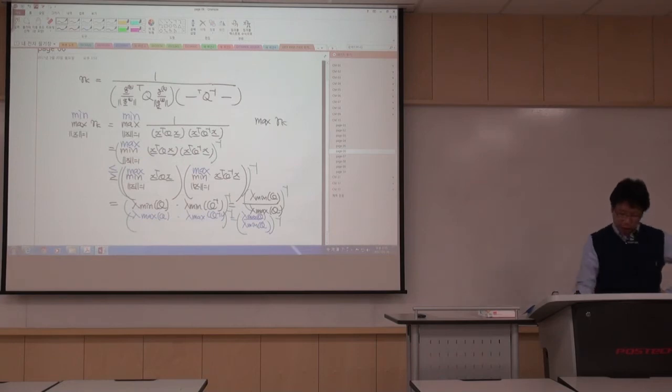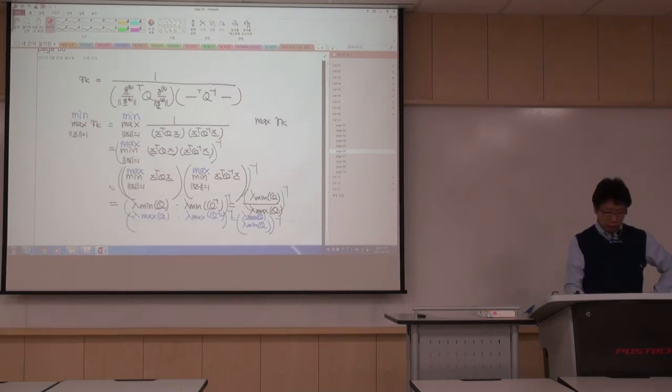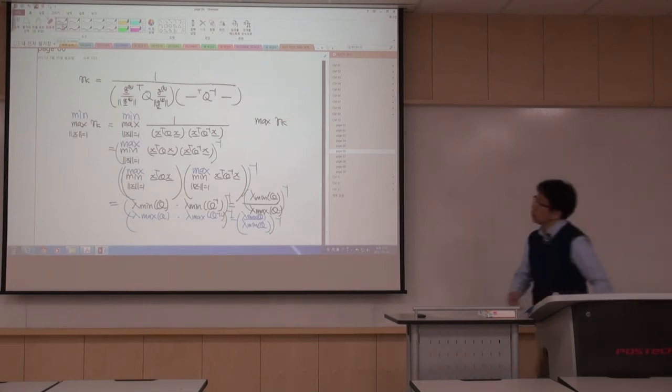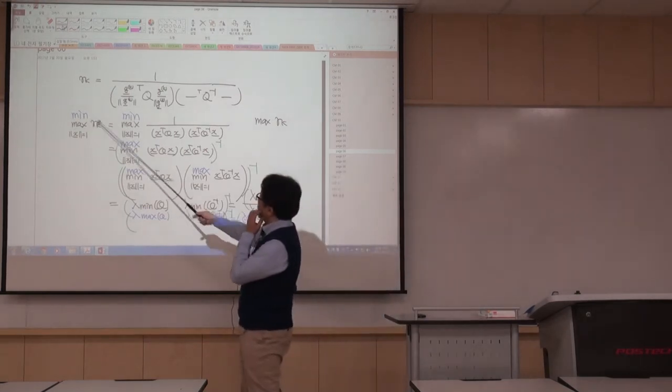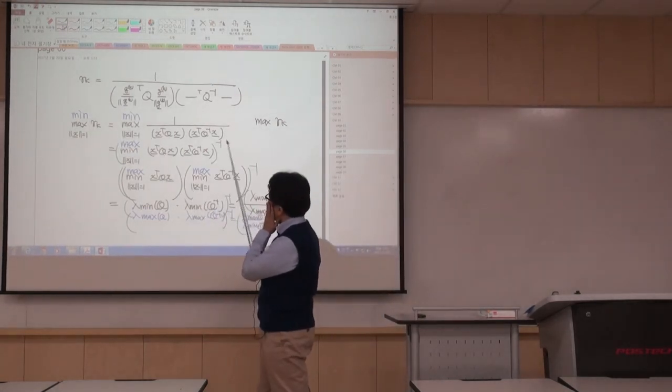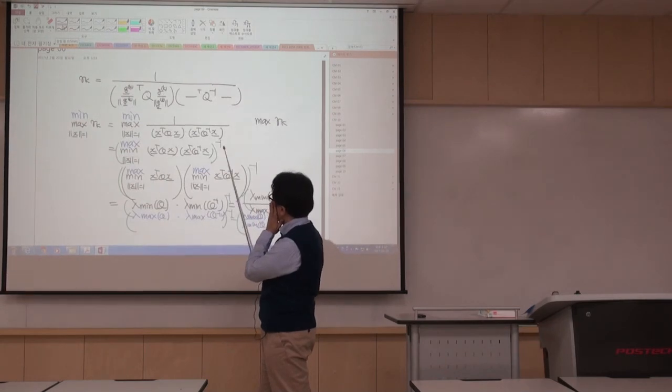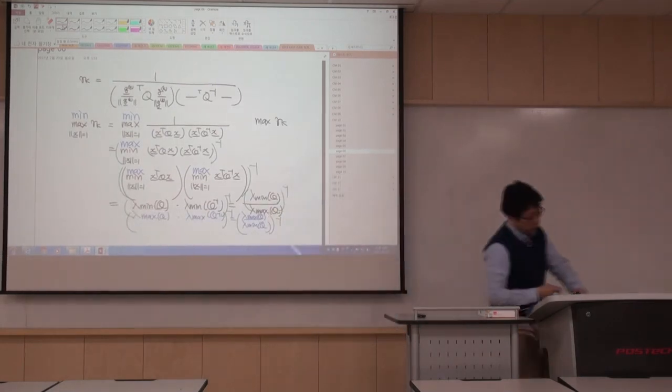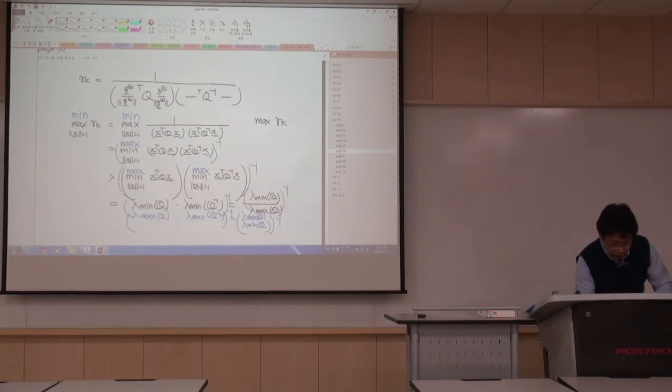So we can say that the max of gamma sub k is what? Let me see. I should be careful here, right? Confusing. Okay. Max inverse, min of inverse, right? And this is in the numerator, so I have to have this one, right? So something like this.